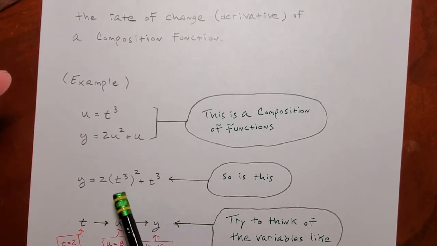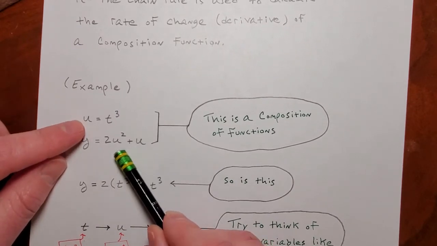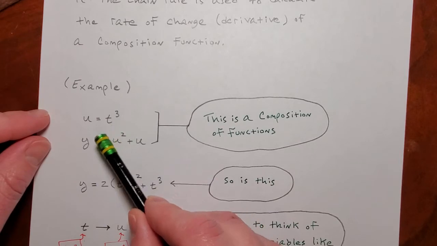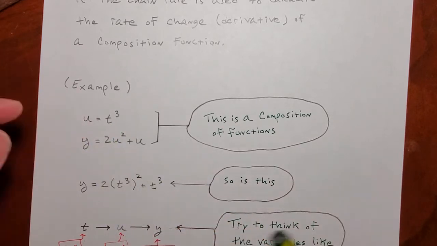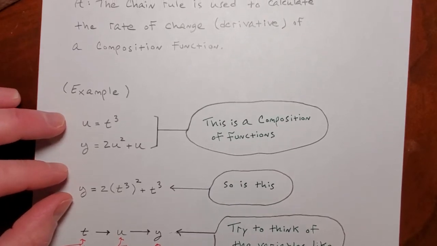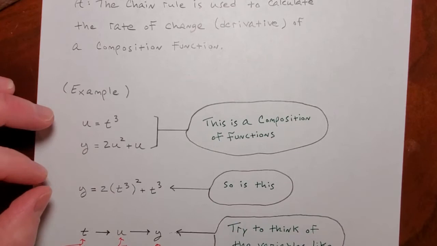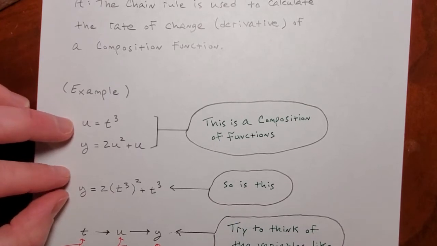You start with t and you end up with y. If you wanted to see that there was something in the middle that connected t to y, you could call that u. So these are the same thing. That's what a composition of functions is, and that's the way I'm going to talk about it in this video.